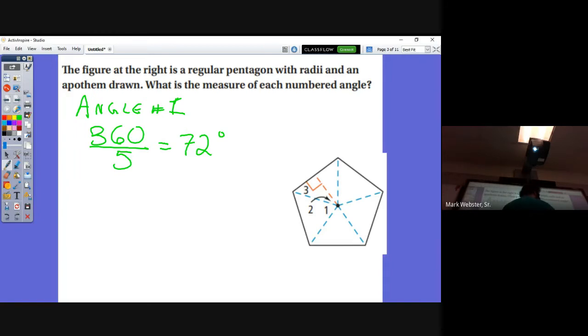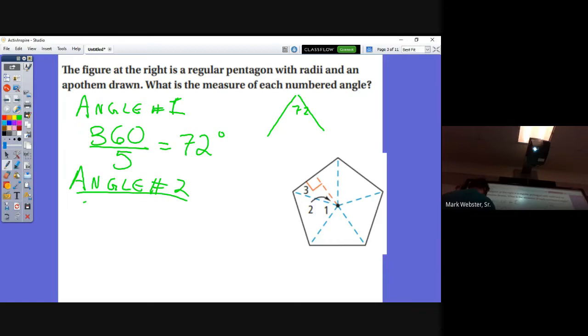The half one. So if the whole thing was 72, right? This whole thing was 72. We just want what's half of that, right? So here, what's half of 72? 36, right?